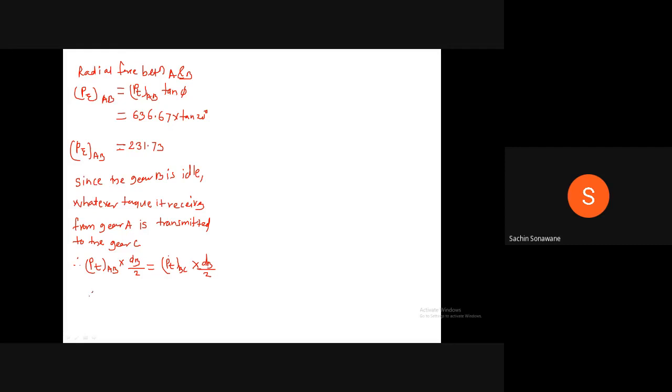Therefore, the tangential force between AB is equal to the tangential force between BC, because the same torque and power is transmitted, as we have considered 100% efficiency. Therefore, PT is equal to 636.67 Newton. Here the unit of force is Newton.